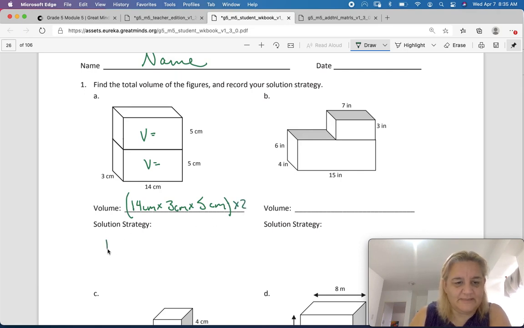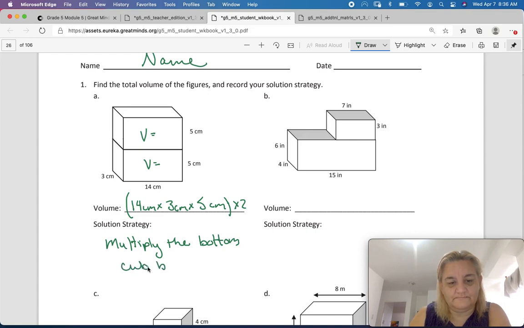That's our strategy: multiply the bottom prism or the top prism because they are equal. That is not going to work in the next problem.